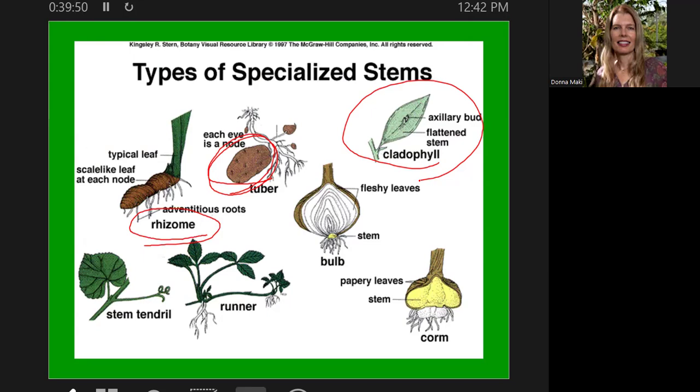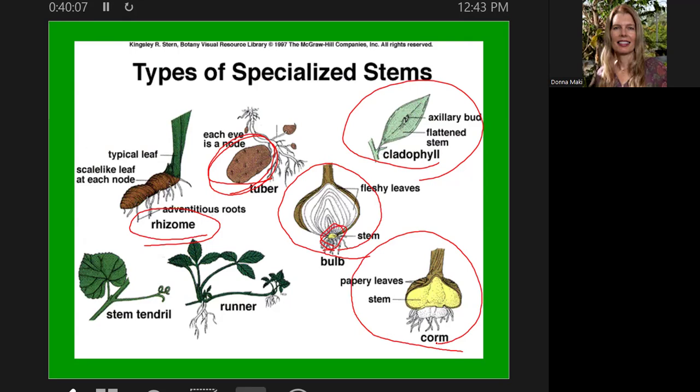And then the cladophyll, we don't really have any cladophyll, I don't think, to show you, but we'll have some bulbs. So bulbs are more leaves than stem tissue. So the stem tissue is very modest, and you have more leaf tissue. And then the corm is the opposite.